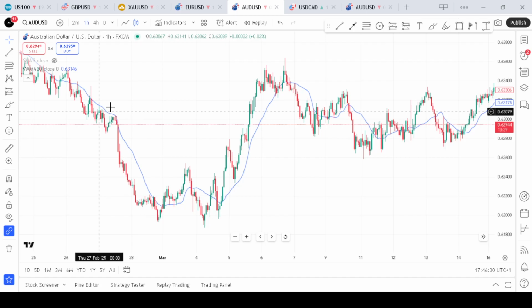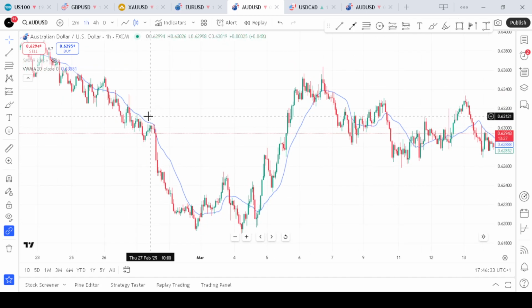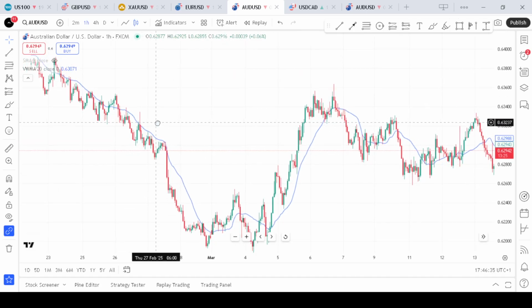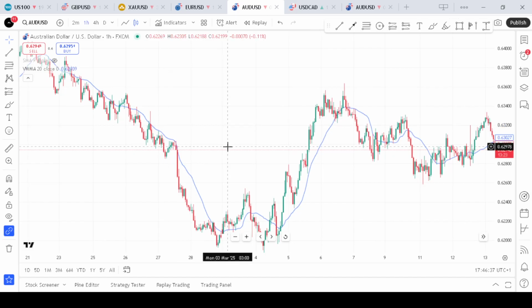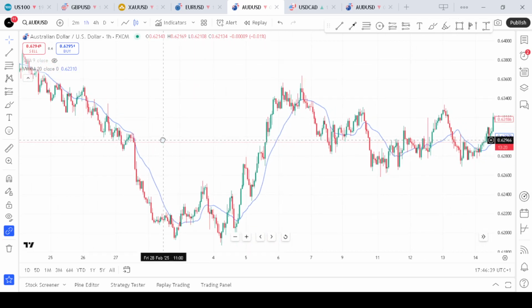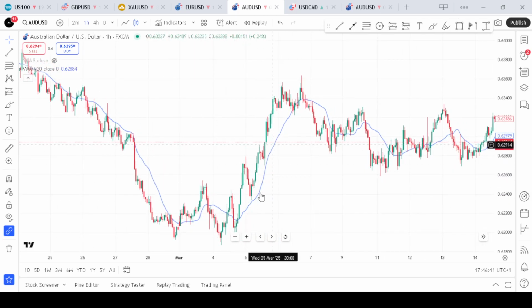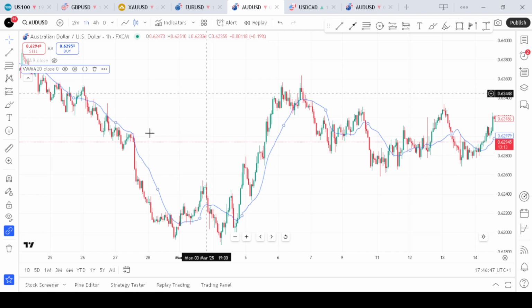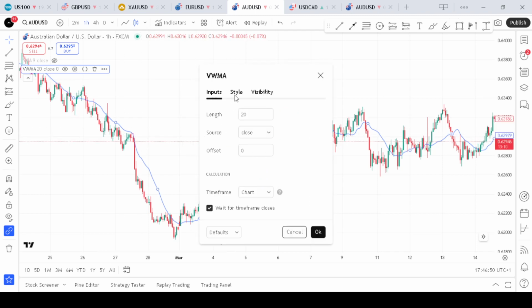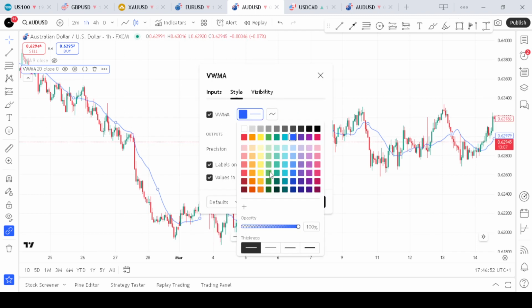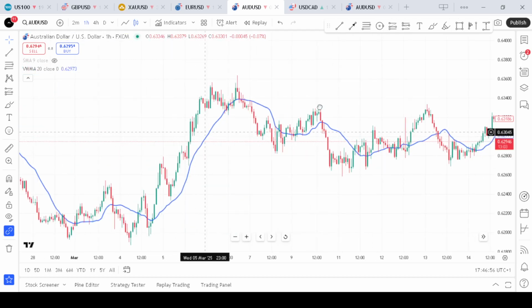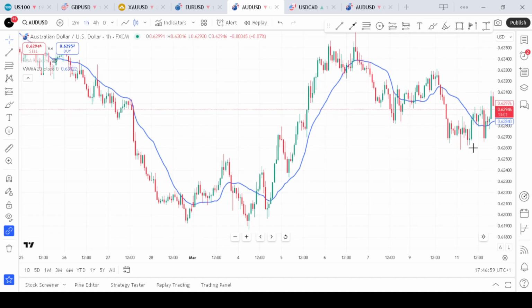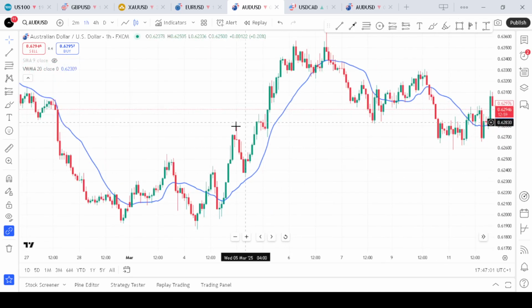So we start by identifying the overall market trend. A rising VWMA indicates an uptrend. When you see a rise in the VWMA, this is the indicator here. Let me tick in the line so that we wouldn't confuse ourselves. Very good. When we see a rise in the indicator, it indicates an uptrend.